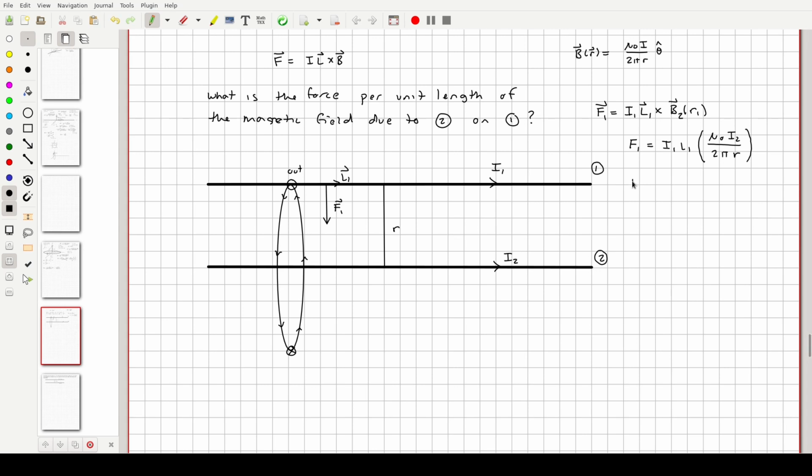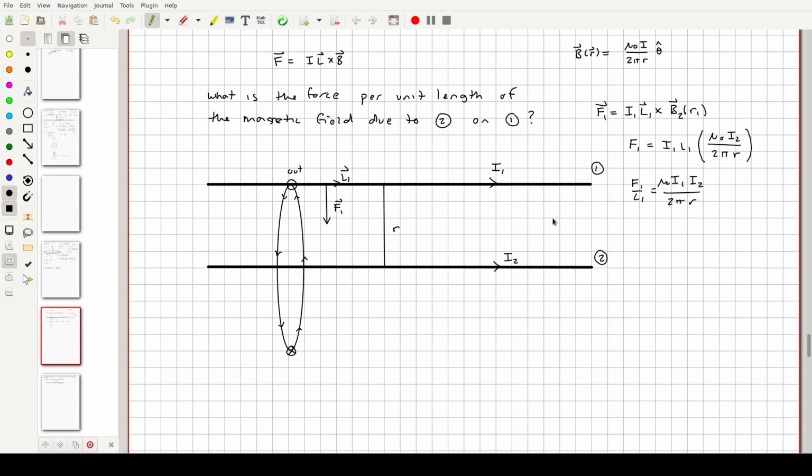So our force per unit length here is going to be I1 I2 with a mu naught out in front divided by 2 pi r.